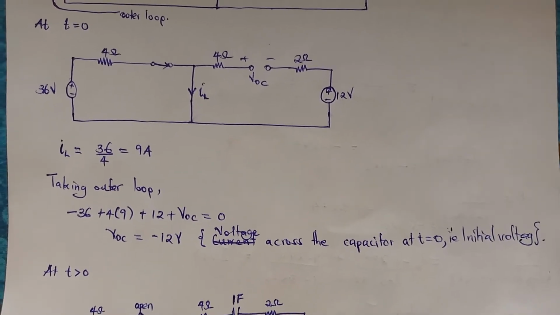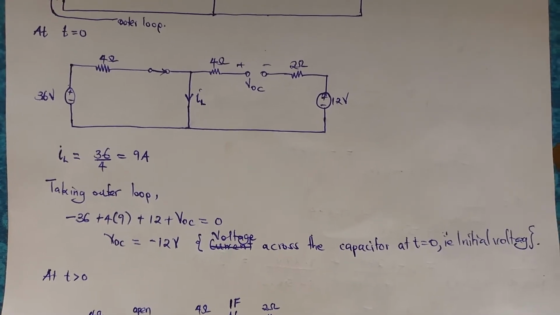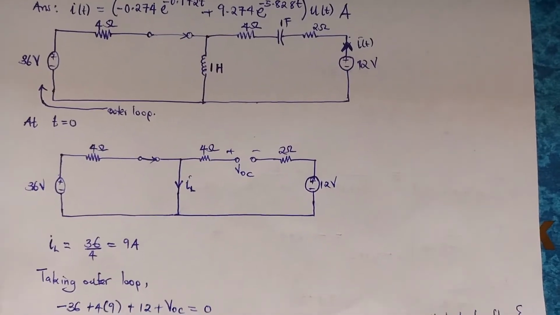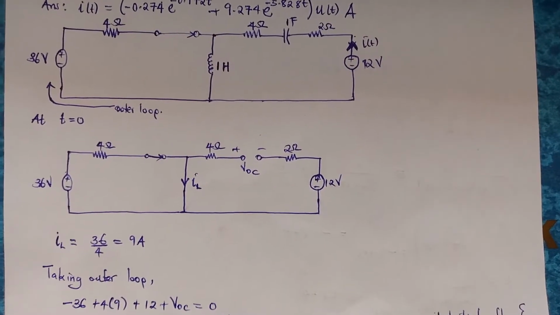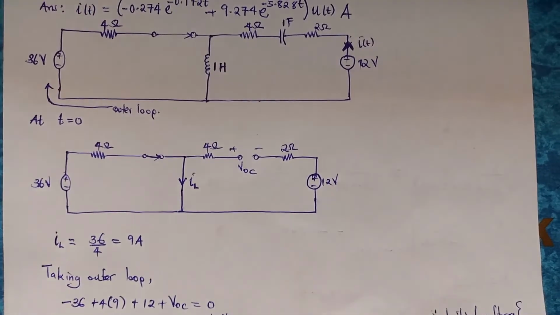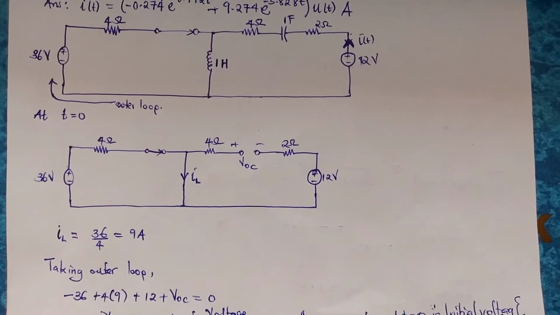When we redraw the diagram at time t equals 0, the capacitor acts as an open circuit and the inductor is shorted. So a very large current goes through the path of the inductor.